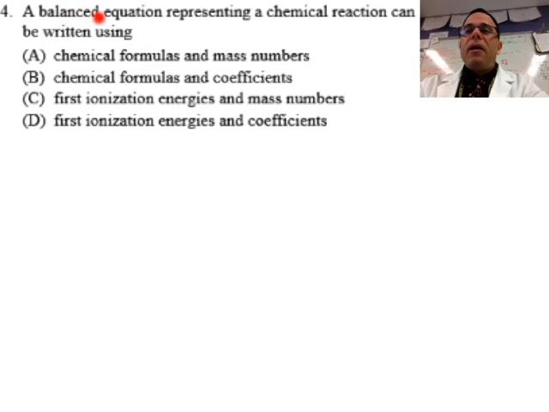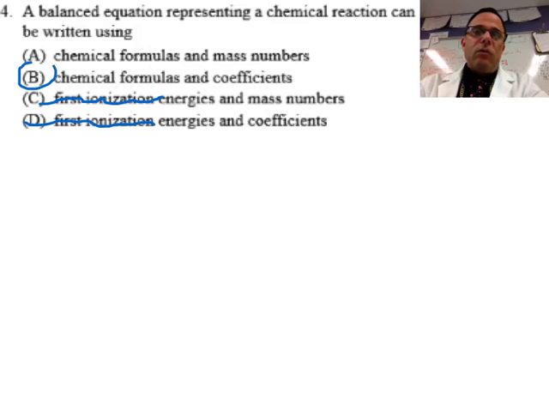Number 4. A balanced equation representing a chemical reaction can be written using chemical formulas and mass numbers, chemical formulas and coefficients, first ionization energies and mass numbers, or first ionization energies and coefficients. Let me first tell you, it has nothing to do with writing first ionization energies. So is it the chemical formulas with the mass number or chemical formulas with the coefficients?